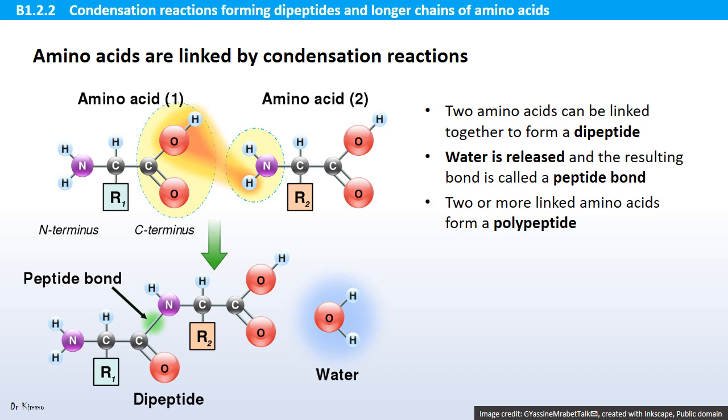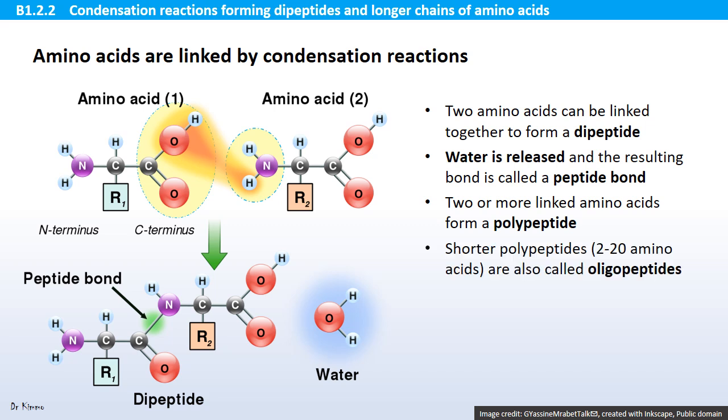Two or more linked amino acids form a polypeptide. Shorter polypeptides are also called oligopeptides. Then you can talk about dipeptides if there's only two amino acids, and tripeptides if there's three amino acids. Polypeptides are the main component of proteins.